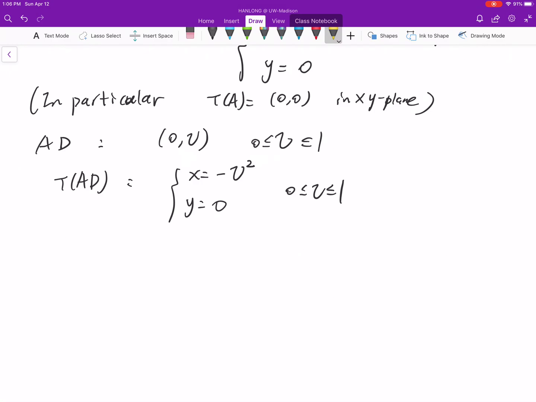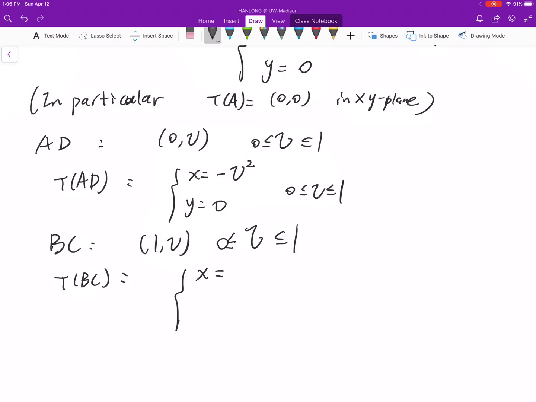Next, let's figure out the other two boundaries. What is BC? BC has coordinates (1,v), v is a free variable between 0 and 1. Then under the transformation T, x is 1 minus v squared, y is 2v.